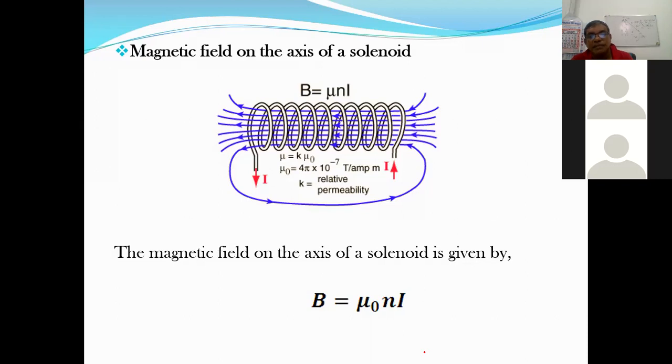Suppose if we have a capital N number of turns over a distance L, then we have to consider capital N divided by L, that is the number of turns in the unit length. So therefore, here n is equal to the number of turns in the unit length. Those are the three applications of the Biot-Savart law.